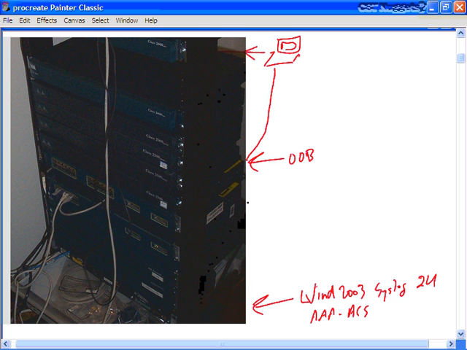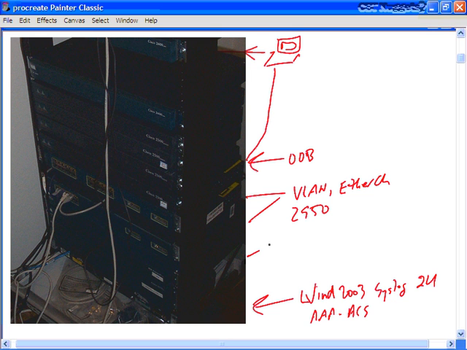Below that, I've got 2 switches that are creating my network backbone. I can use these to create virtual local area networks. I can also get high-speed EtherChannel connections, and this is a layer 2 device. These are Cisco 2950 switches, and then below that I've got several other specialized appliances.